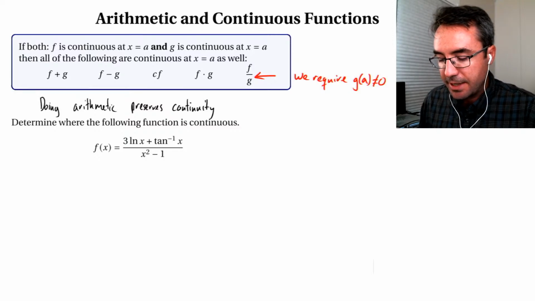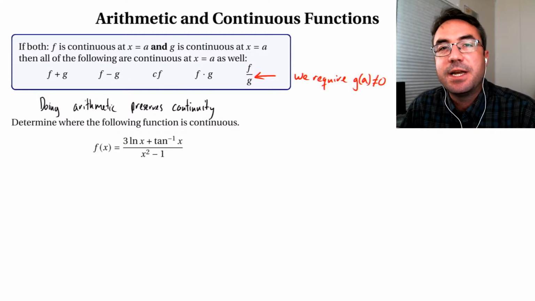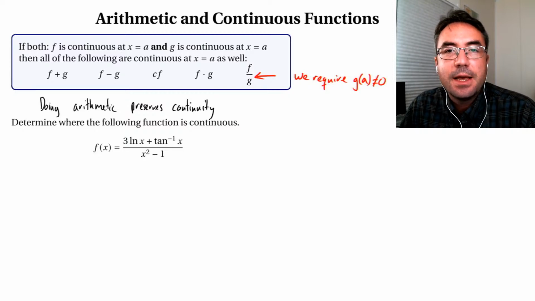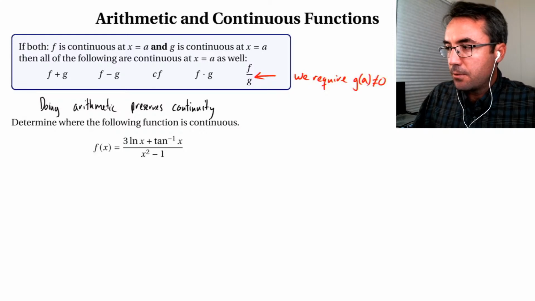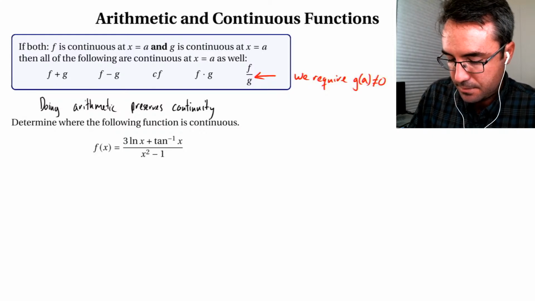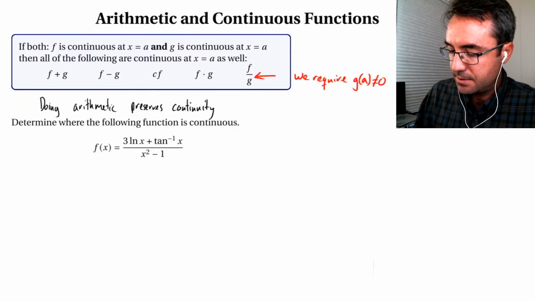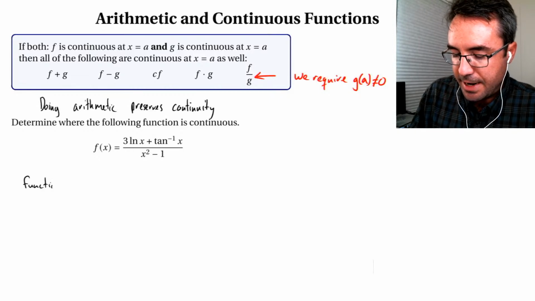So let's take a look at this example. We have this function f of x equal to 3 times natural log x plus inverse tangent x, divided by x squared minus 1. And we're going to figure out where this function is continuous. So we're going to figure out the interval of continuity. Let's start with that natural log function.